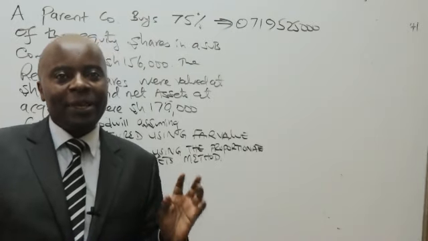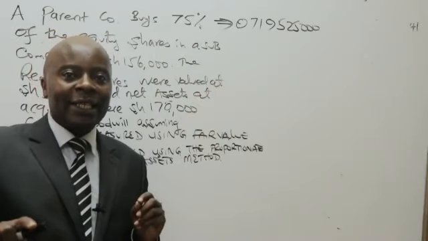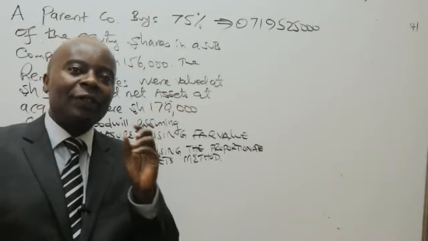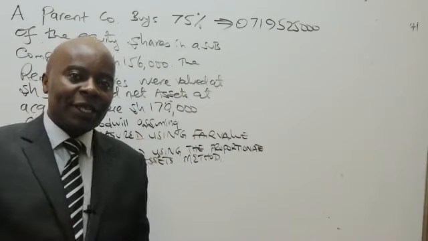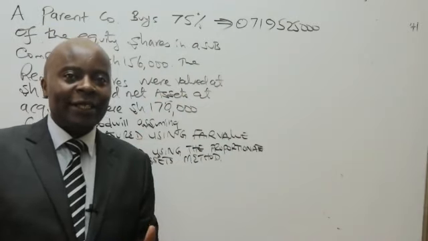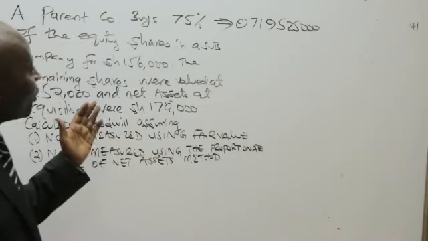So look at this. They're paying more than the net assets of the subsidiary. This excess amount which they have paid over and above the net assets of the subsidiary is what we are calling goodwill.